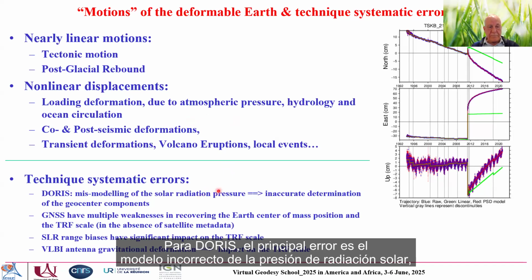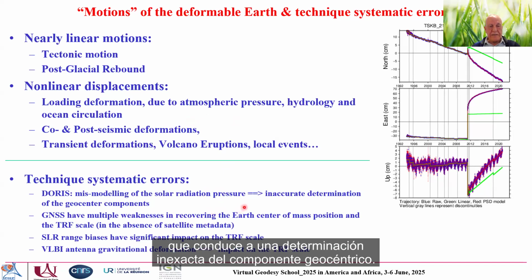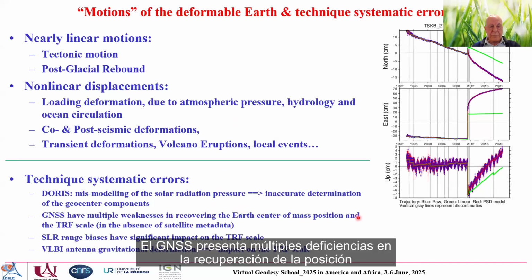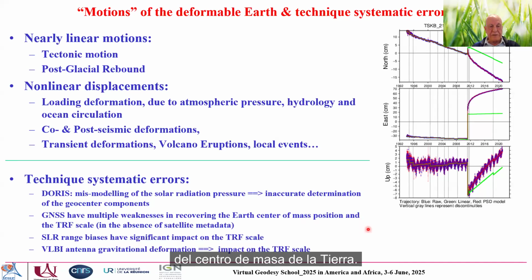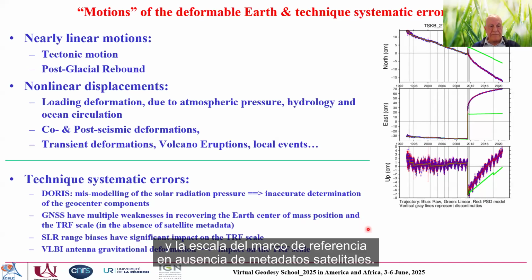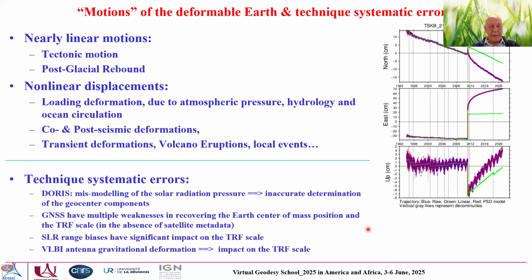For DORIS, the major error is the mismodeling of the solar radiation pressure that leads to inaccurate determination of the geocenter component. GNSS has multiple weaknesses in recovering the Earth center of mass position and the reference frame scale in the absence of satellite metadata.